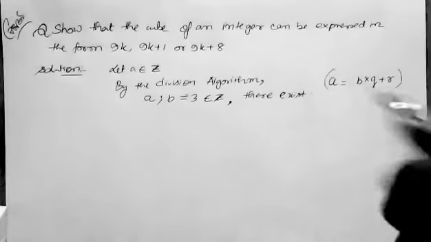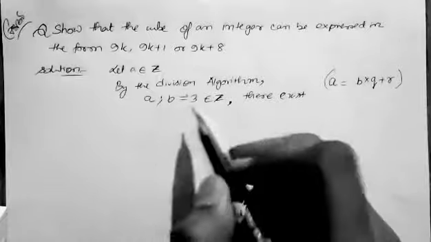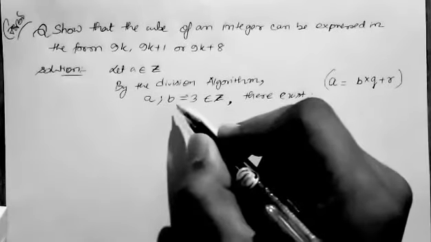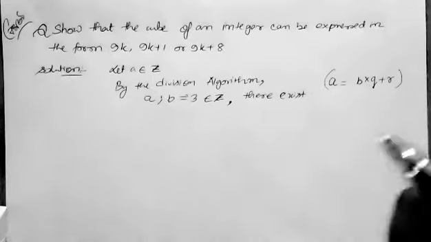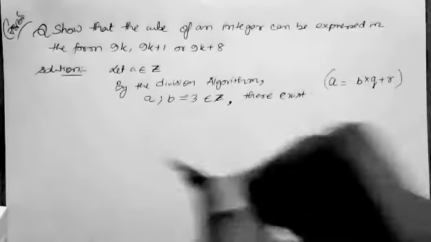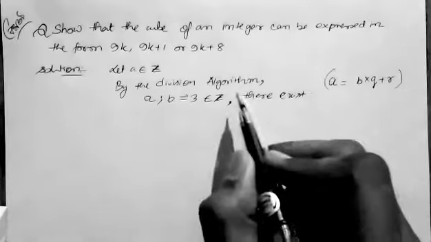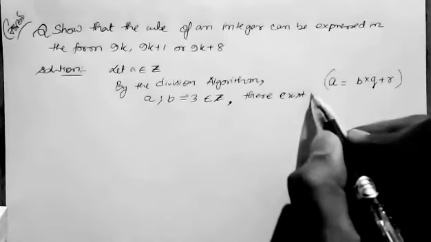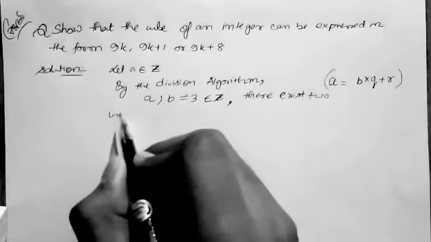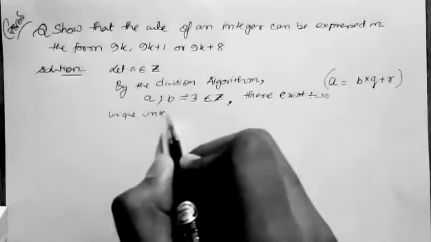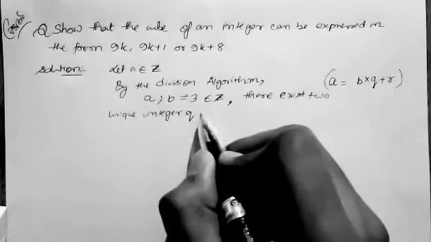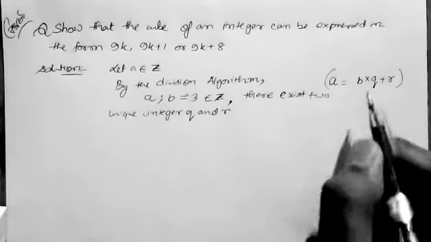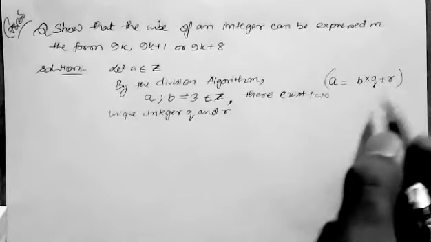So write down, there exist. If this is true, then if you divide a by b, that is, if you divide a by 3, you will find a quotient, and if it is not completely divisible, you will find a remainder, right? So you can write that there exist two unique integers, let them be q and r, such that this statement of the division algorithm is true.